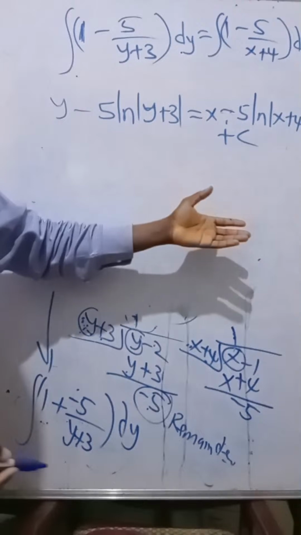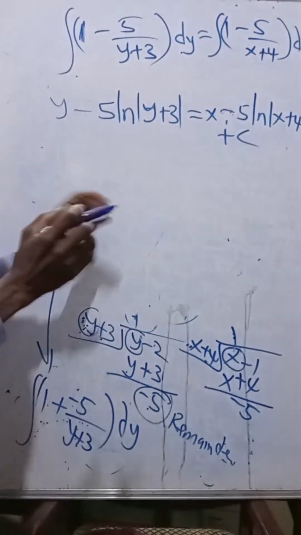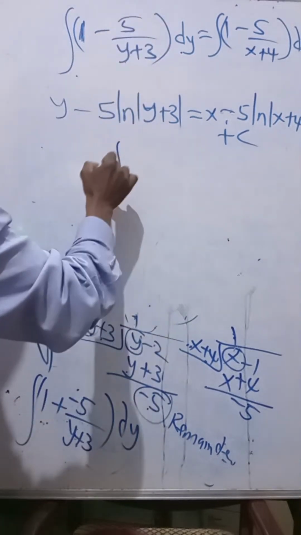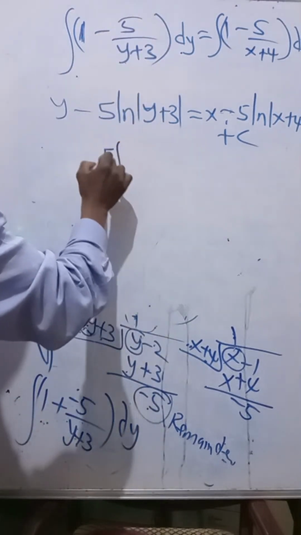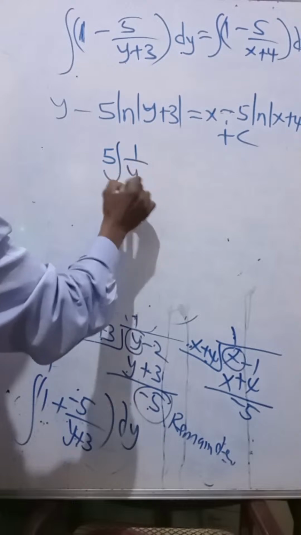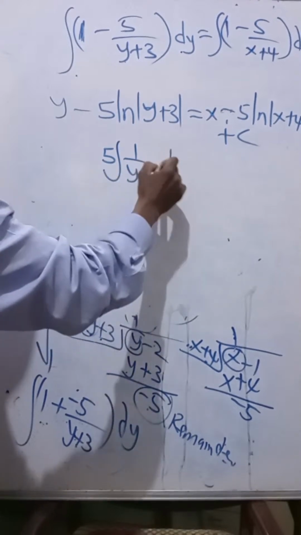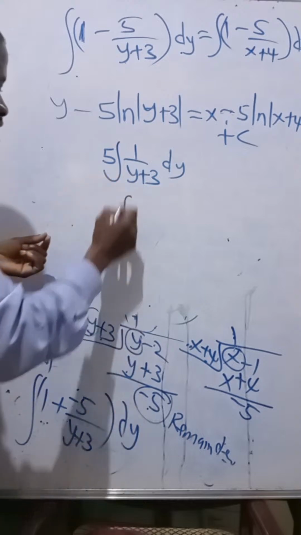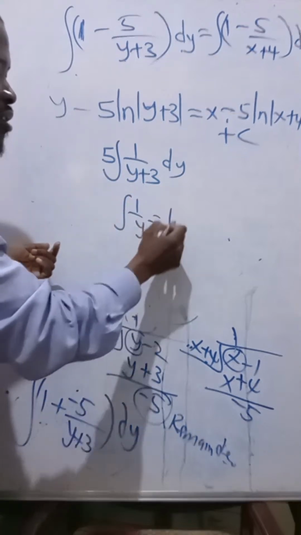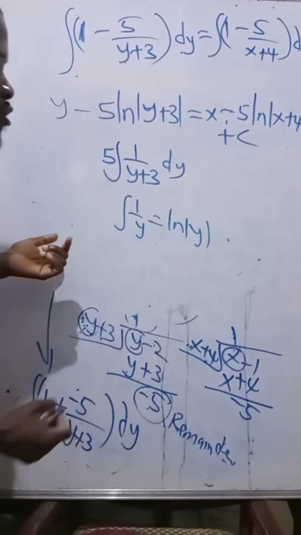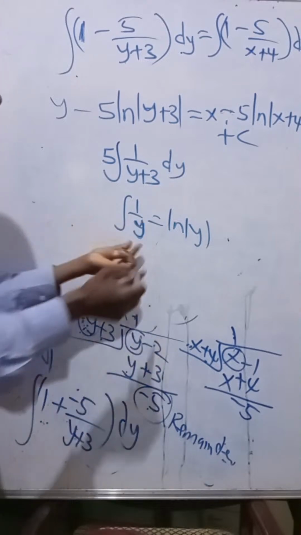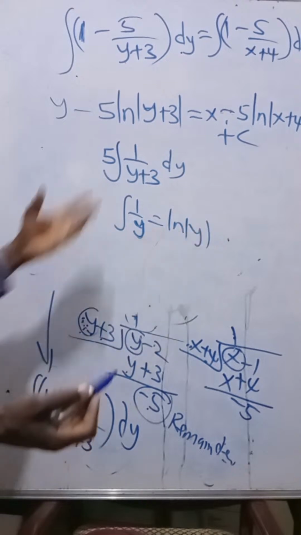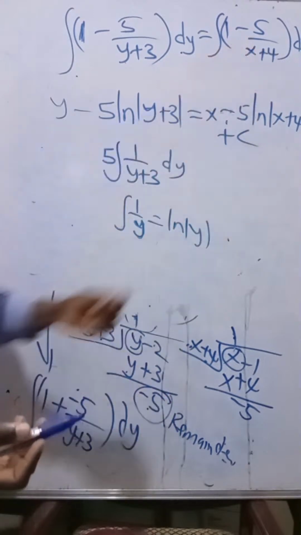To quickly recap, the tool I used here: the 5 can come outside, and this is the integral of 1 over y plus 3 dy. The basis of this integration is just that the integral of 1 over y is the natural logarithm of y. If you're not adding anything to this function, it doesn't change the form of the answer. Same thing also for this one.